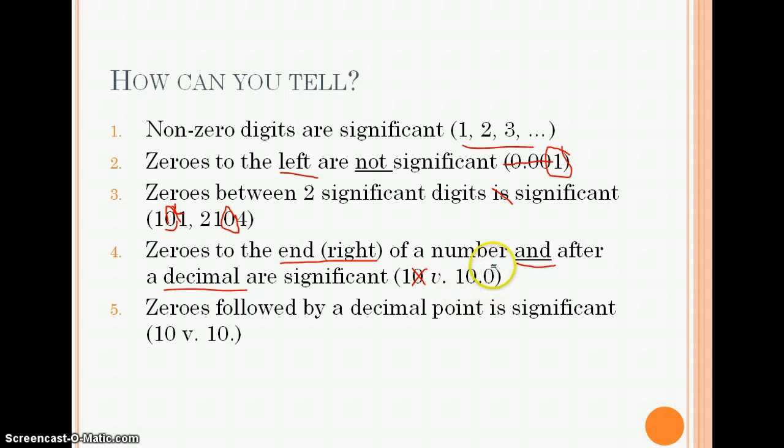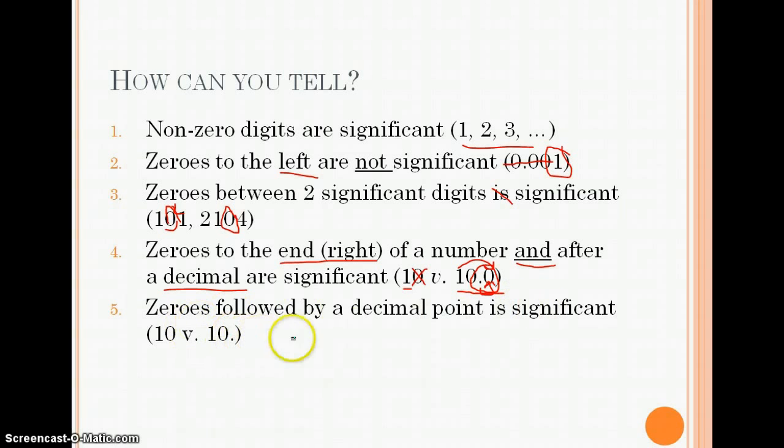But this 0 here is significant because it's to the right of the 1, and it's to the right of the decimal. So that 0 is significant. Of course, the other 0 here is sandwiched in between two significant digits. So here we have one sig fig, and over here we have 3. All 3 of those are significant.